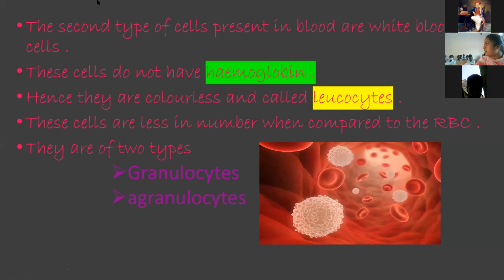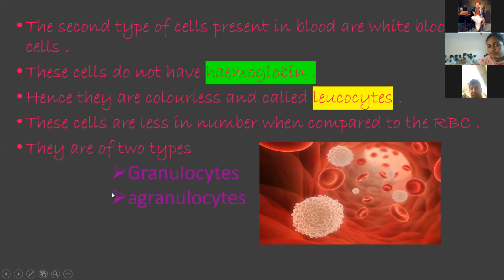They are colorless cells. These cells do not have hemoglobin, and RBC is having hemoglobin, that's why it is in red color. Hence they are colorless, it is called leukocytes.